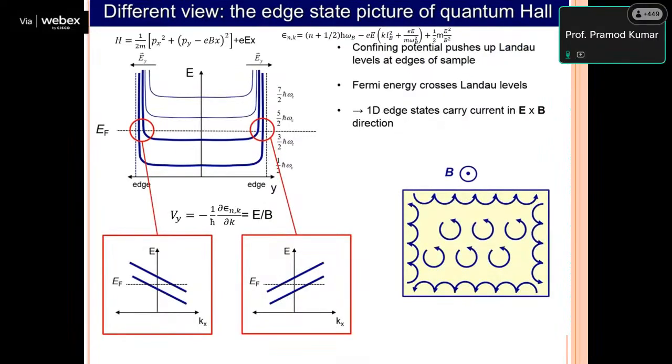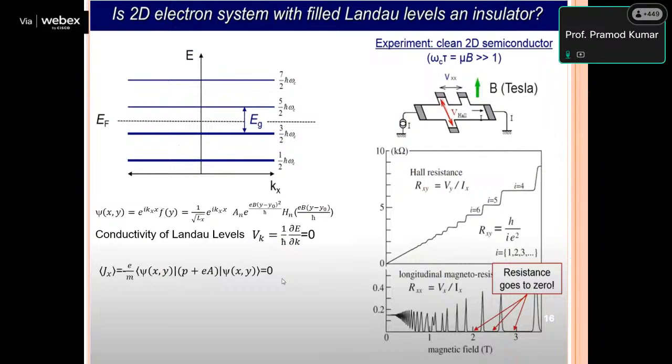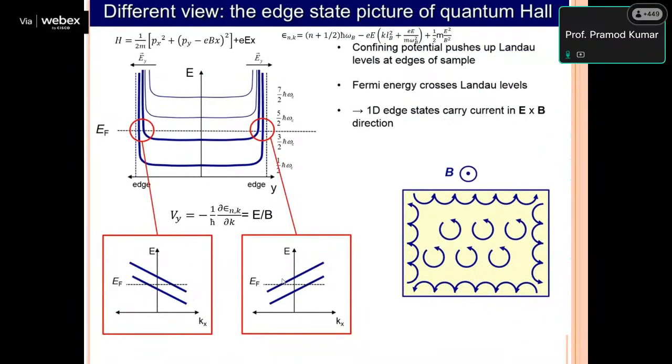Up to now, I discussed the case where the electric field is zero and the magnetic field is not zero. Now, if the electric field is not zero and the magnetic field is not zero, what happens? Whenever we write the Hamiltonian, we get an additional term, eEx.